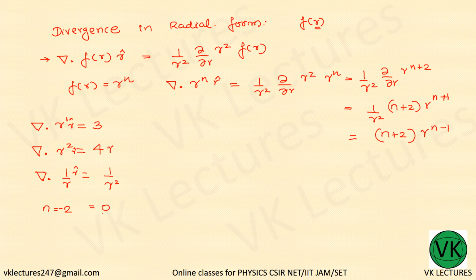So for n equal to minus 2, del dot 1 divided by r square r cap, we cannot use this particular formula. It is equal to 4 pi delta cube of r. So this is the Dirac delta function. So del dot 1 by r square r cap is 4 pi delta cube of r. So this formula can be used only when n is not equal to minus 2. For all other cases you can use this.